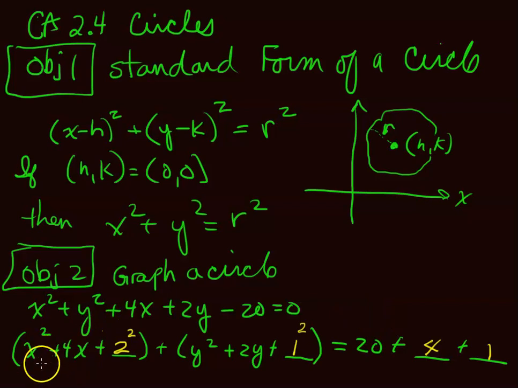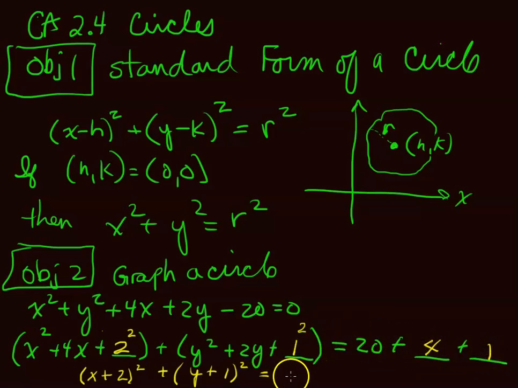Now I'm going to have to squeeze this in a little bit, but remember, this becomes the square root of x squared, which is x, the sign of the 4x, which is plus, the square root of 2 squared, that's why I wrote it as 2 squared, it's just a 2, the quantity squared, plus the square root of y squared is y, the sign of the 2y is plus, and the square root of 1 squared is 1, quantity squared equals, well, let's see, this is 25.